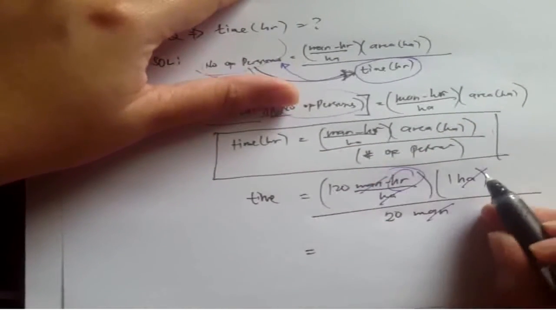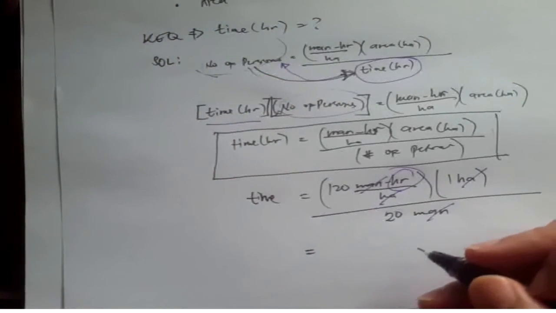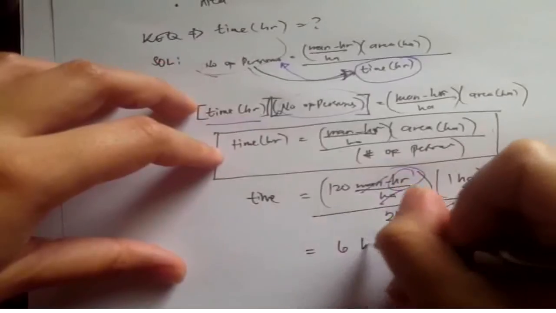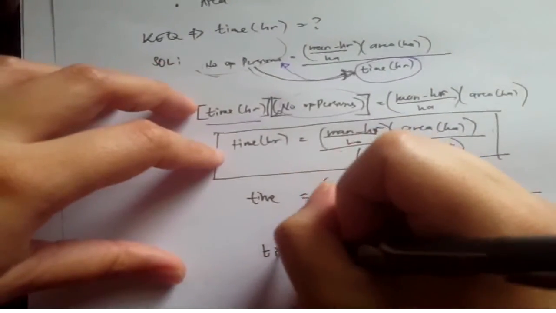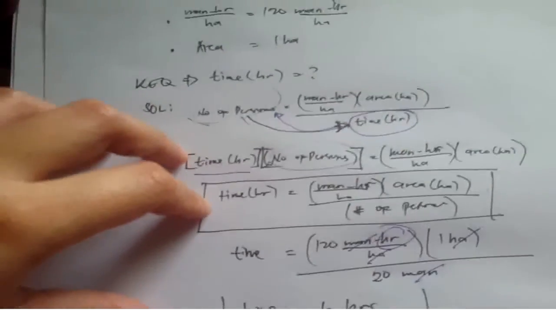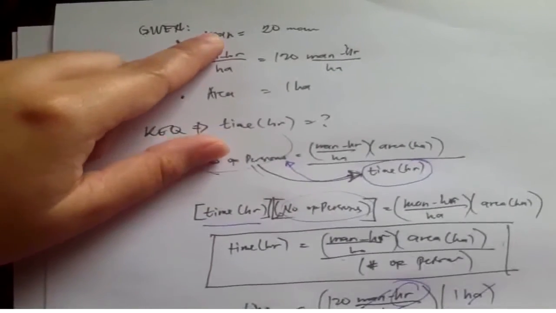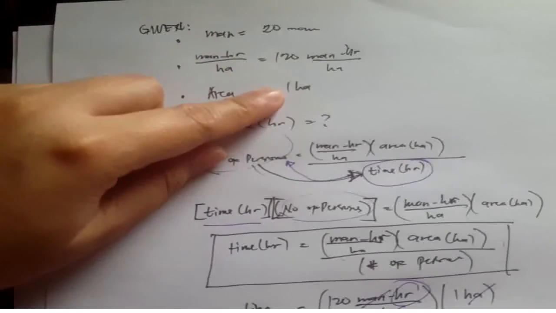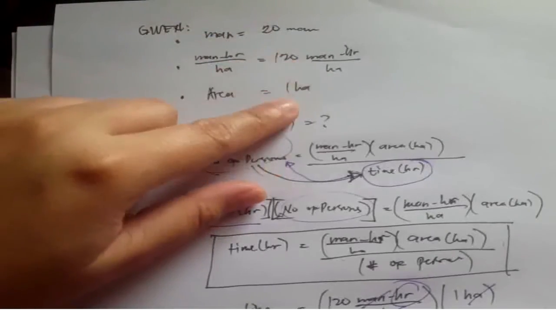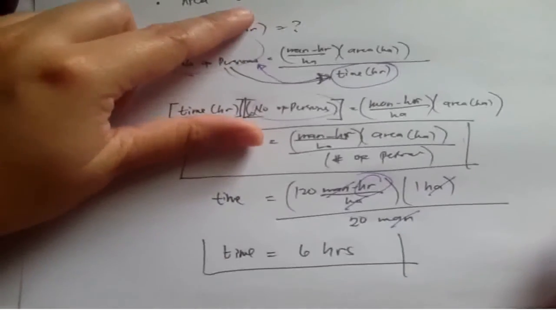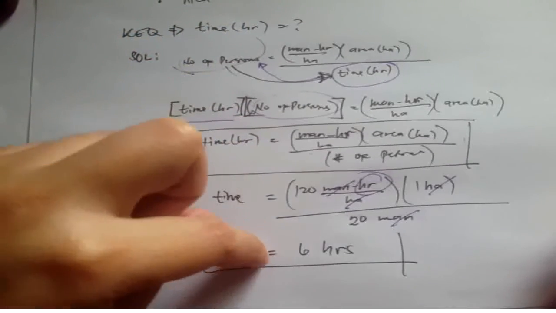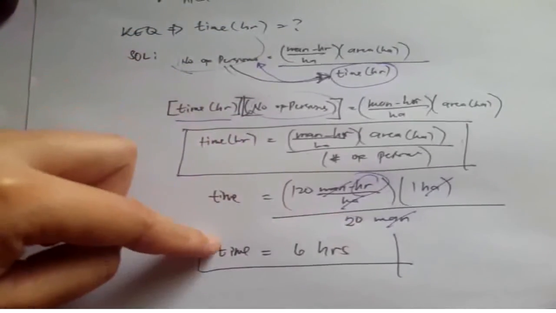So 120 times 1 divide 20, we have 120 divide 20, we have 6 hours. Okay. So if you have 20 laborers doing the harvesting using sickle of 1 hectare field, then it will take about 6 hours to finish the job.